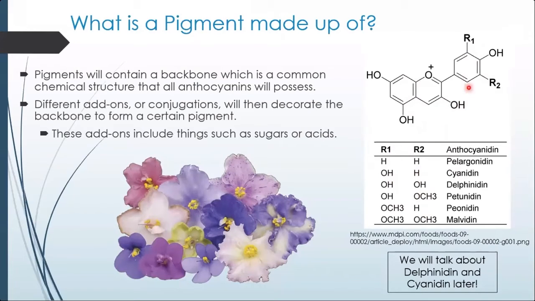These chemicals will be added to these positions respectively, and based on what R groups are added, we will get a different backbone. We will be talking about delphinidin and cyanidin more specifically later. After you have your backbone, we have what are called add-ons or conjugations, which are then added to the main backbone to form specific pigments. These add-ons could be things such as sugars or acids.